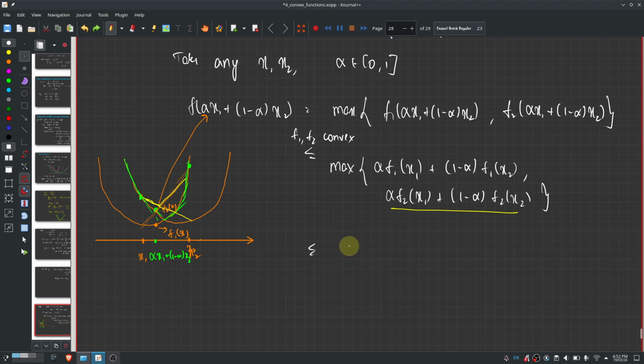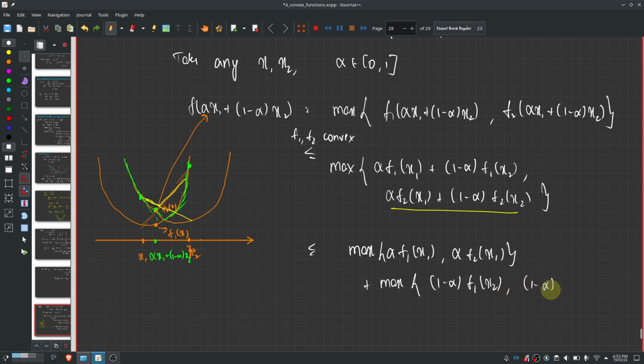I claim that this is less than or equal to the maximum of alpha f1 of x1, alpha f2 of x1, plus the maximum of 1 minus alpha f1 of x2, 1 minus alpha f2 of x2. Why is this true?